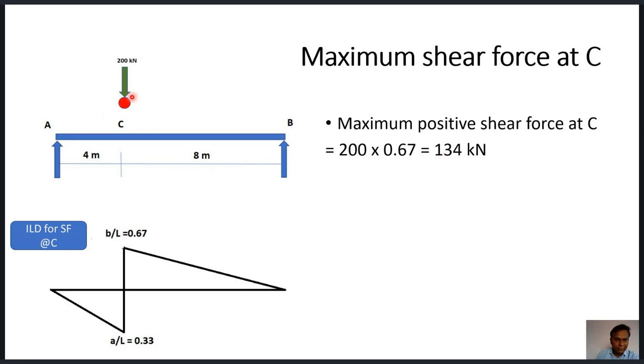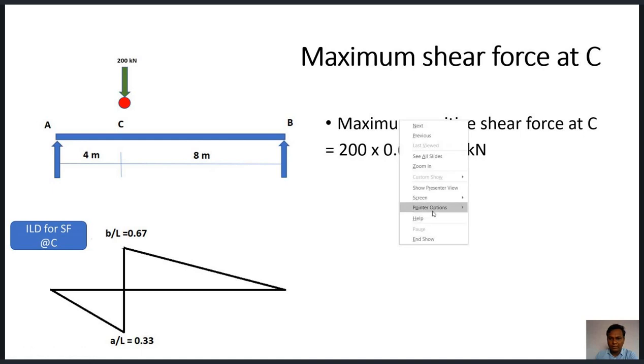Now it indicates that we have placed this 200 kilonewton force over C, which is just right of point C. When we are placing it just right of point C, then your respective ordinate will be equal to 0.67. Hence it is equal to 134 kilonewton. Now similarly we can find out the maximum negative shear force.